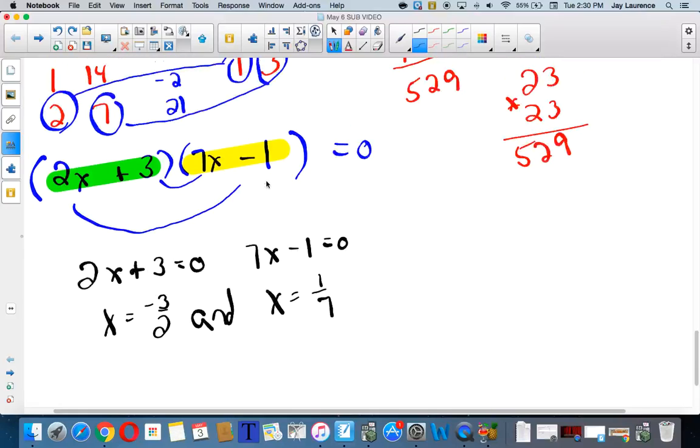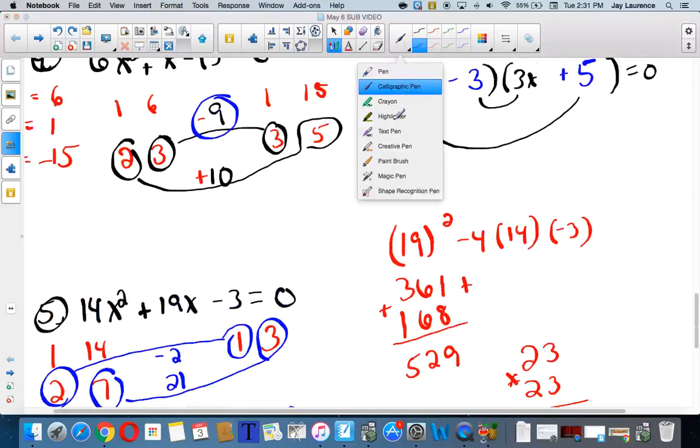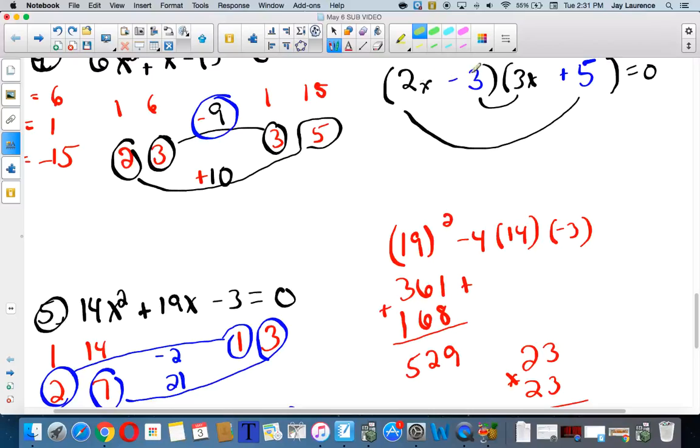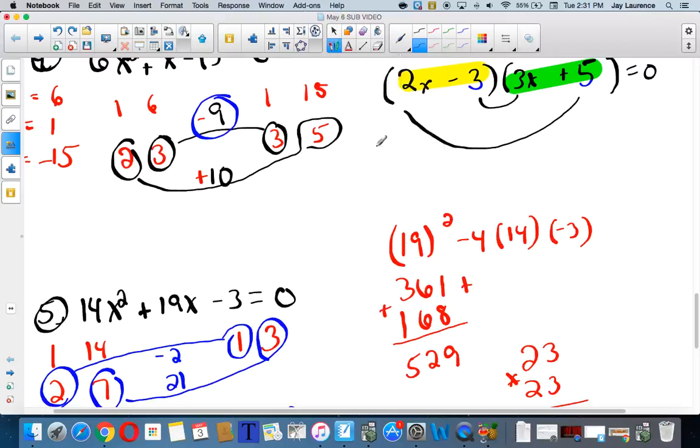All right, let's back up to number 4 here. I forgot to leave that equal to 0. I've got my two factors. There's 1. There's 2. So setting them equal to 0, I should get 2x minus 3 equals 0.